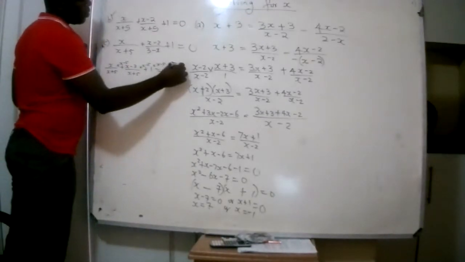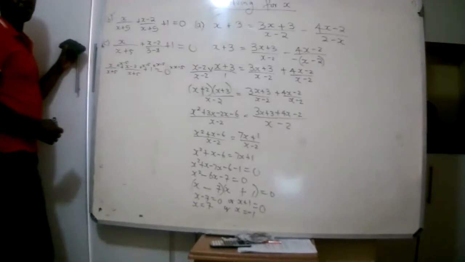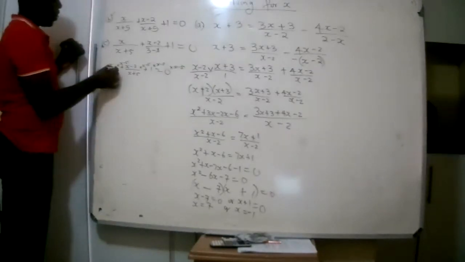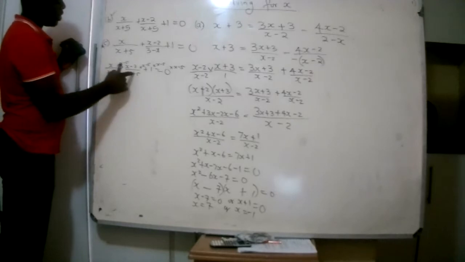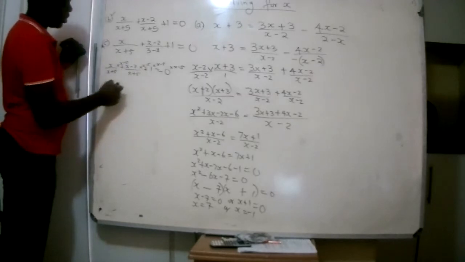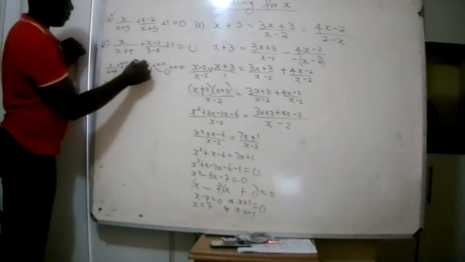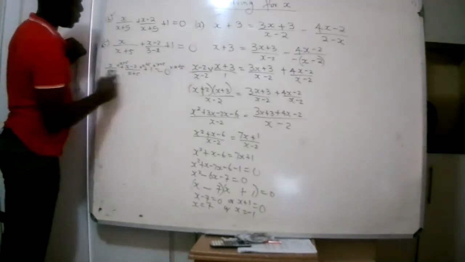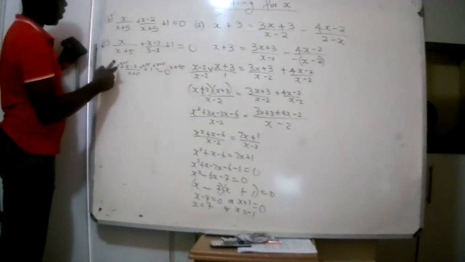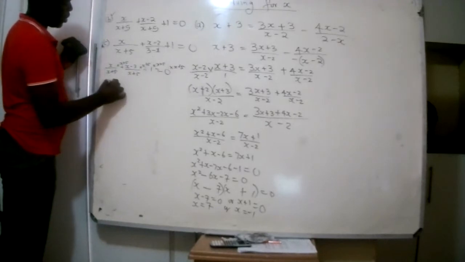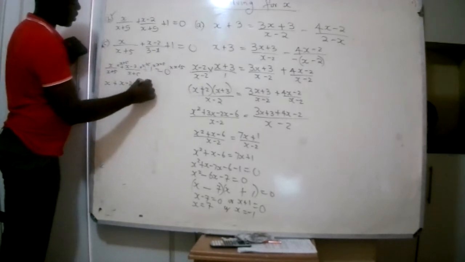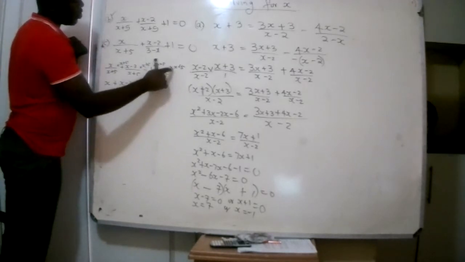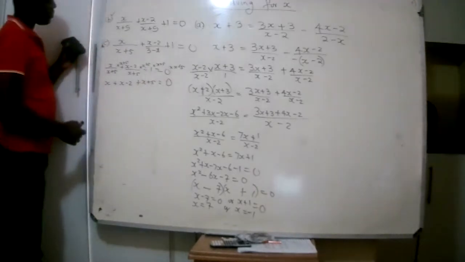Even on the other side, we must multiply by x plus 5. And from there, this will cancel with that, and we're left with x. And then here, this cancels with that, it's plus 5 in this case, not minus, because we're having positives. So then this cancels with that, and we're left with x minus 2, then our plus x plus 5. Then 0 multiplied by that is 0.